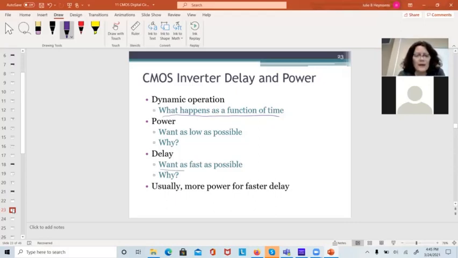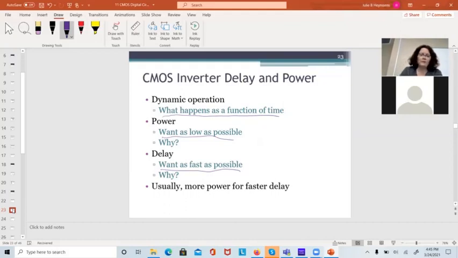We want the delays to be as fast as possible, so we can download our cat videos in record speed time. We want the power to be as low as possible, so I'm not burning up the battery in my laptop while I'm doing it, and also so I'm not overheating my devices and potentially damaging them.